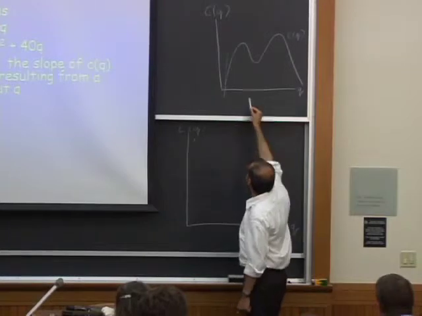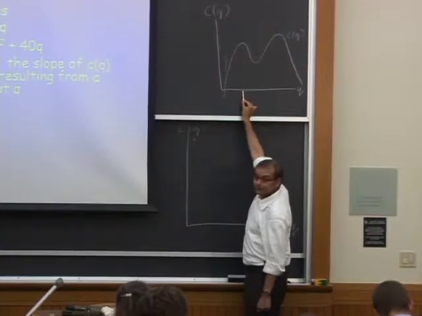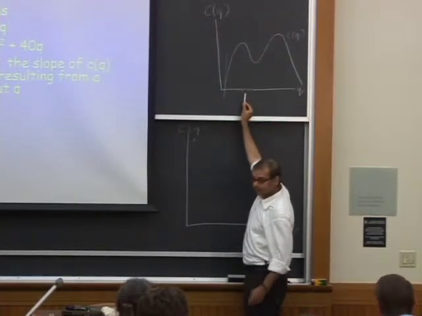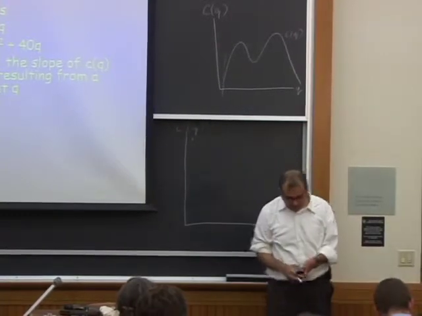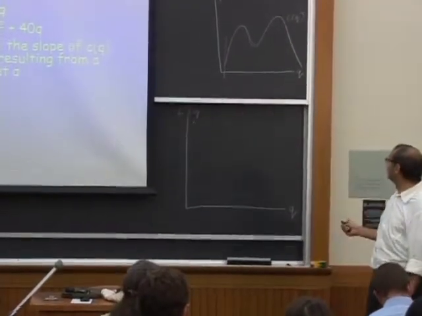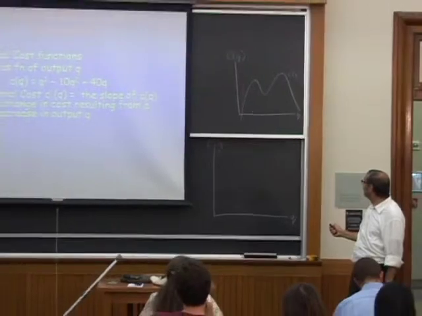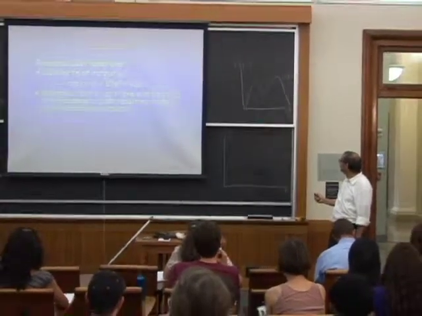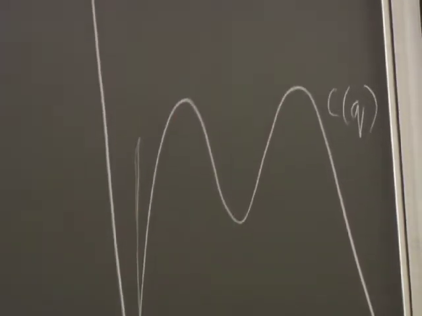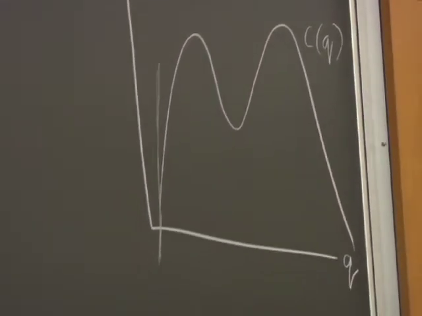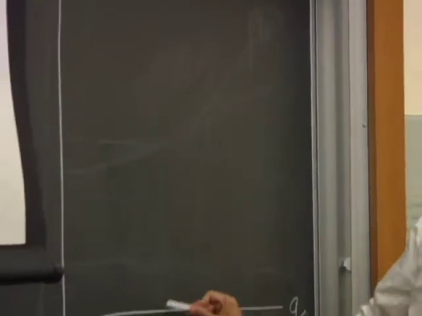At this point, this is why I got a pointer, so I don't have to stretch like that. At this point, what's the slope of the function? 0, right? So 0 is down here.